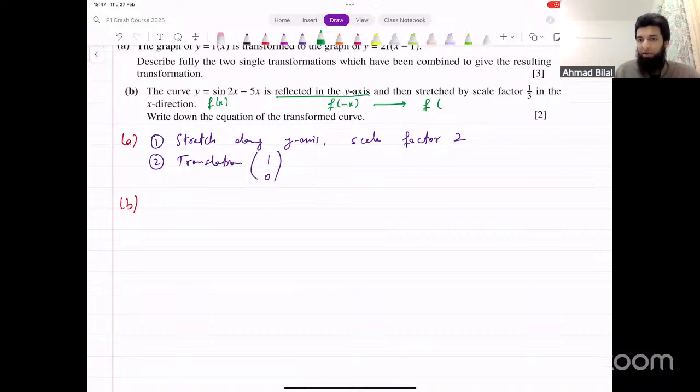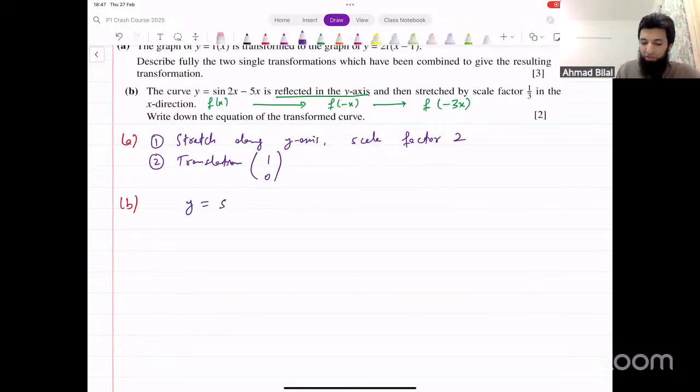If the scale factor is 1/3 in horizontal transformation, in the x direction, inside the function you have the reciprocal of that. So it would be f of -3x. Reflection changes to f of -x, and then you multiply it by 3. It should be f of -3x. Okay, that's what you have to do now.